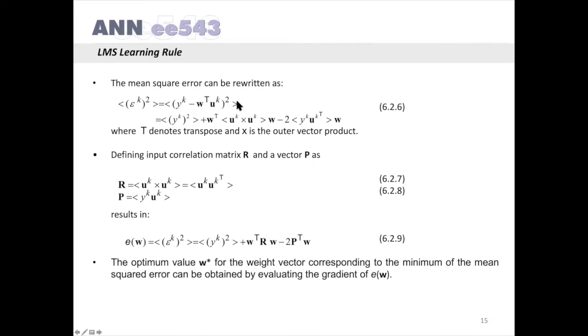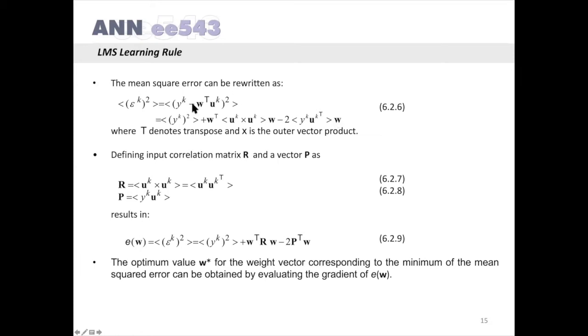For this, we have three terms: y_k squared, and (w transpose u_k) squared, which is in fact w transpose u_k outer product u_k w, and 2 times the multiplication of these terms, 2 times y_k u_k transpose multiplied by w.